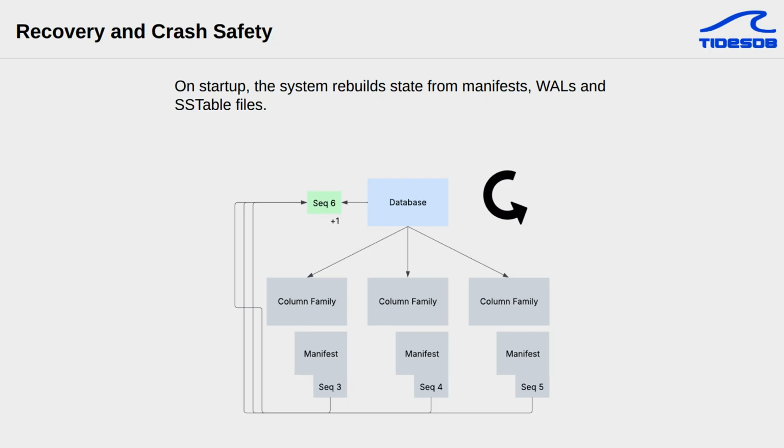So it deals with all of this crash recovery and validation, and the manifest is the source of truth for each column family's LSM tree structure.